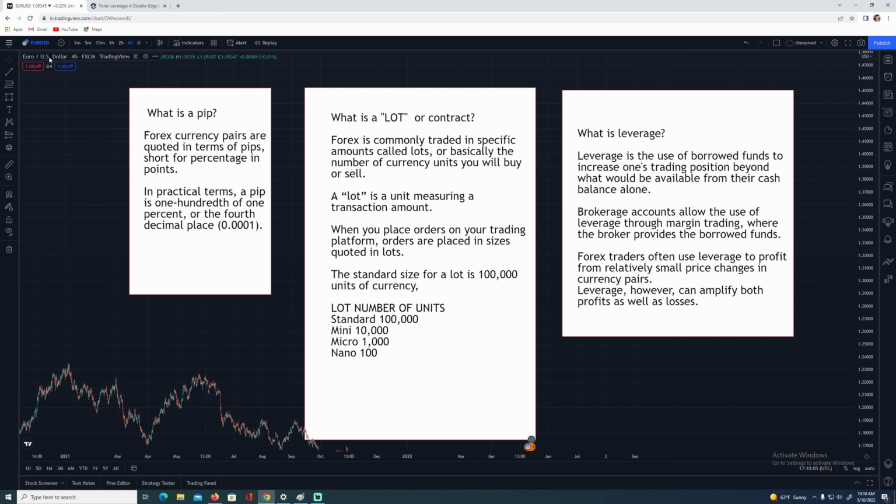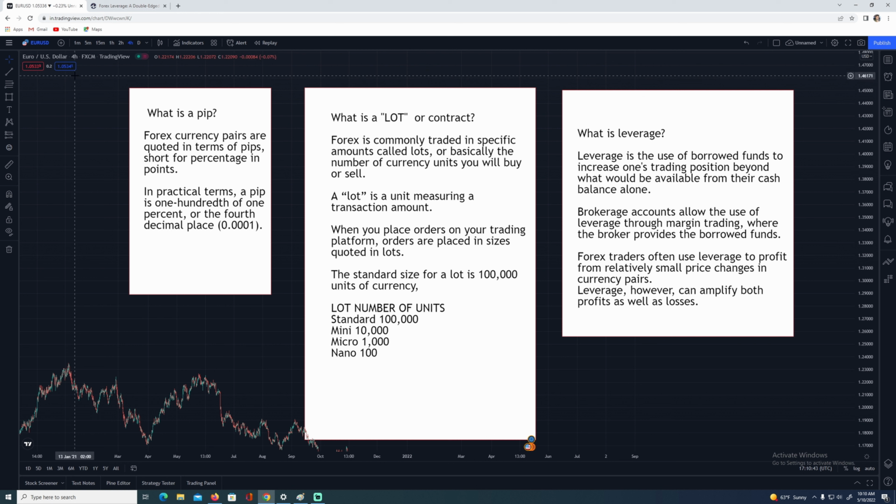In this case, we're buying euros or selling euros, but the currency we're using to pay for them is dollars. So if we want to buy one lot, we're thinking the price of the euro is going to go up. We're saying we're buying 100,000 euros. If we want to sell one lot, that means we want to sell 100,000 euros.